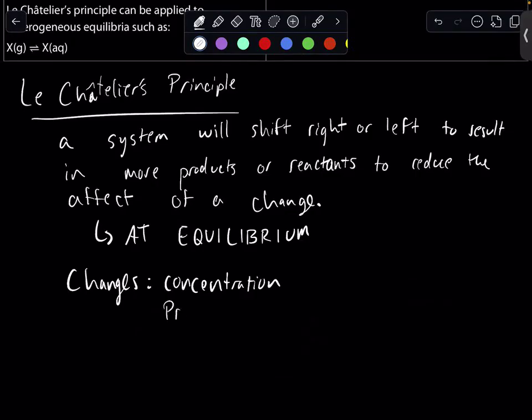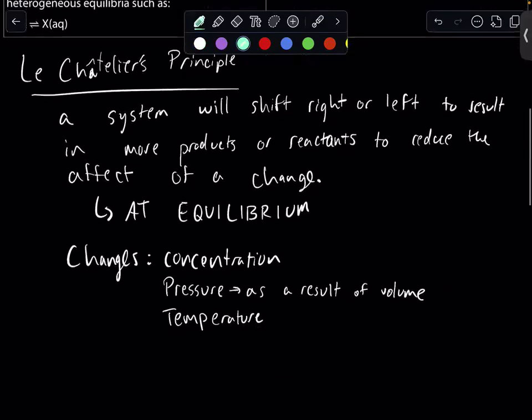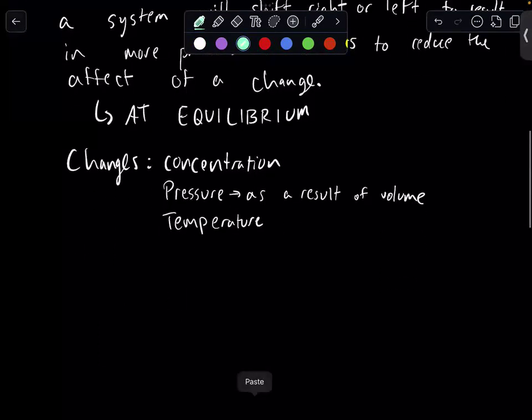It could be pressure, and this is usually as a result of volume. So according to Boyle's law, as we change the volume, the pressure will change as well. Or lastly, temperature. So as we explore the effects of these three changes on the system due to Le Chatelier's principle, let's start off with concentration.